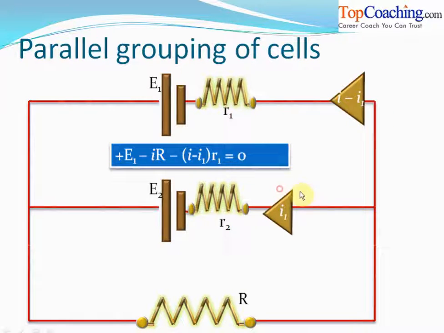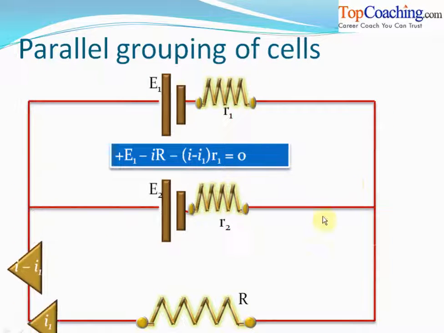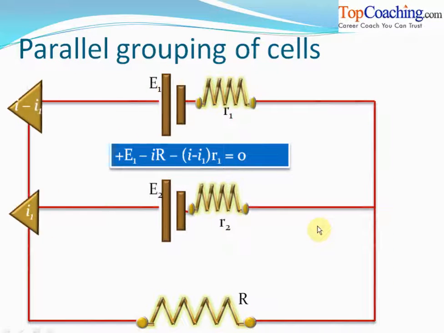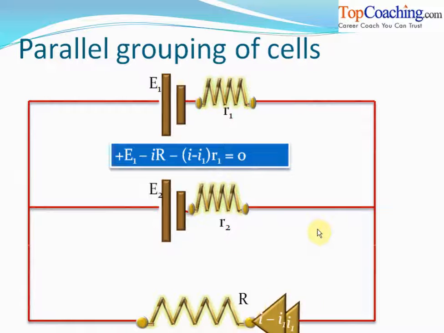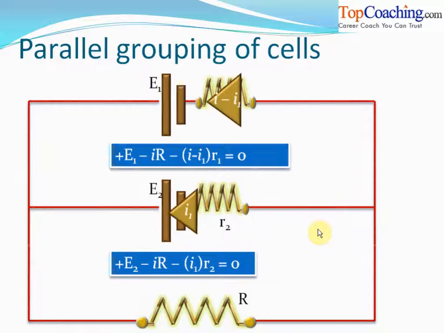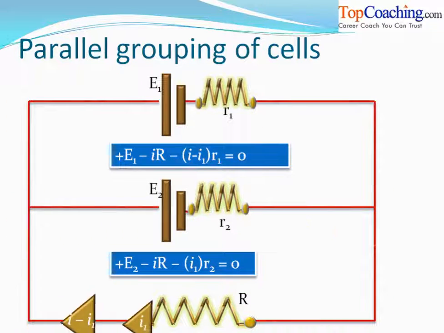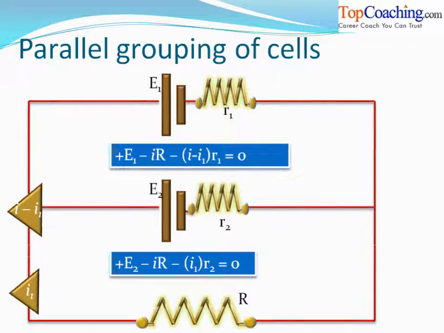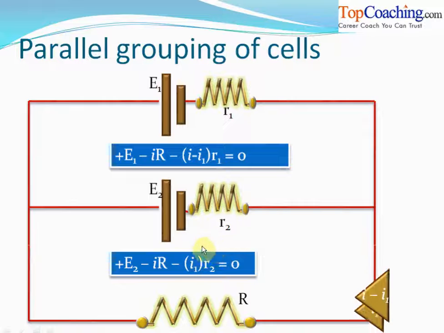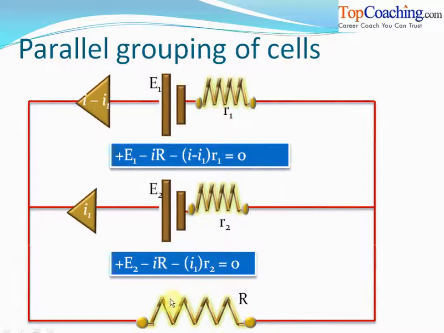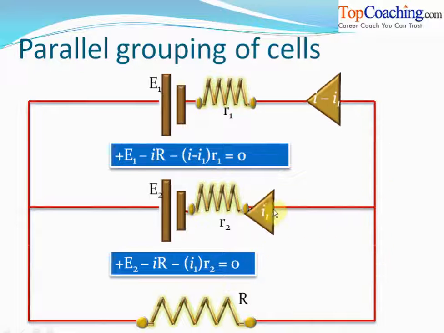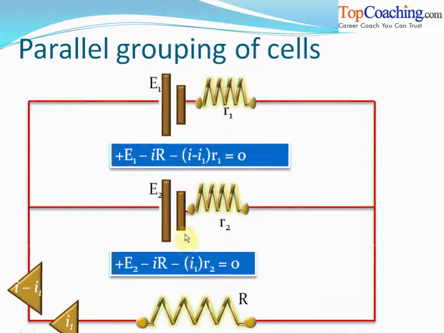Similarly, we can apply Kirchhoff's voltage law in the loop consisting of the battery E2, internal resistance r2 and the resistance capital R. When we do so, we get plus E2 minus I into capital R minus I1 into r2 equal to 0, isn't it? As you can see, I is the current flowing through the resistance capital R and I1 is the current flowing through the internal resistance of the battery E2, isn't it?